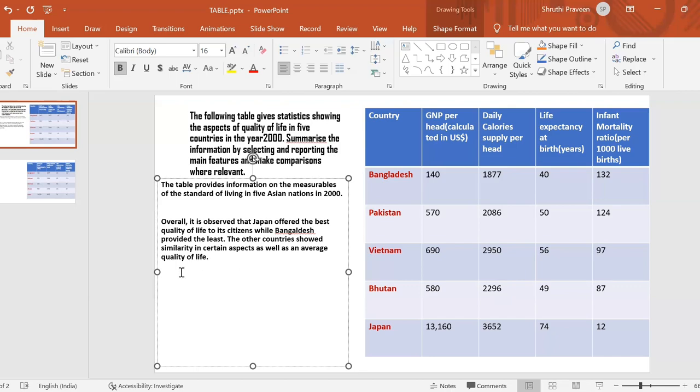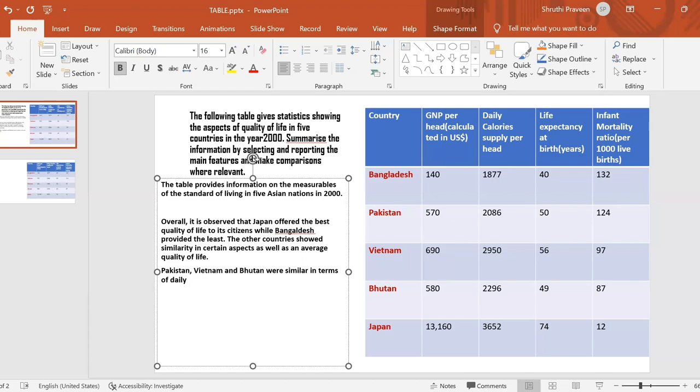Okay. So in my body paragraph 1 or my third paragraph, I'm going to write about Pakistan, Vietnam, and Bhutan were similar in terms of, which one? I think daily calories consumed, no? Daily calories, okay. So these are all in 2000 range. So I can write it's under 3000 because Japan is above 3000 and Bangladesh is way less than 2000.